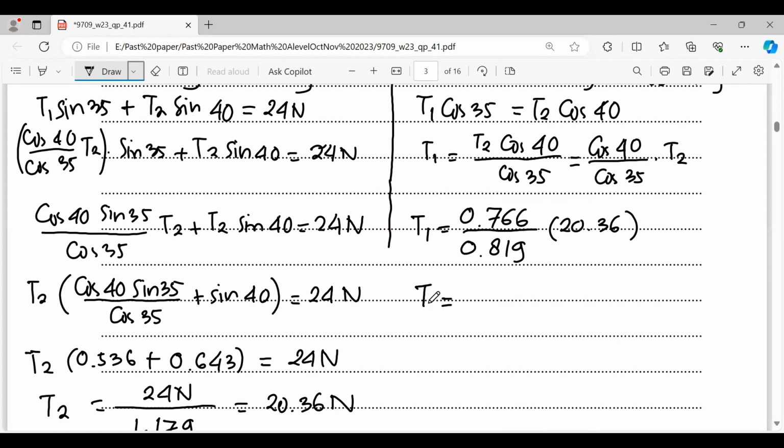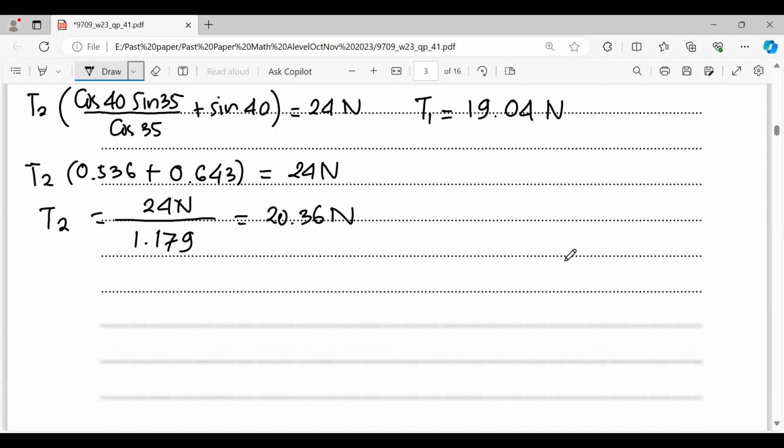Calculate T1 equals 19.04 newtons. So the result is T1 equals 19.04 newtons, while T2 equals 20.36 newtons. Right.